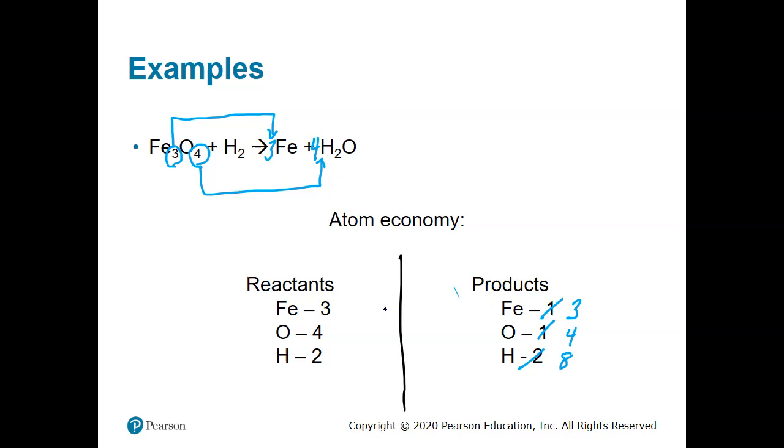But since hydrogen's by itself now, 8 divided by 2 tells me I need 4 hydrogen atoms, or hydrogen molecules, to give me 8 hydrogen atoms in total. So that's kind of always the last step. The last step is always going to be some kind of backtracking where I end up needing to rebalance something on the other side.